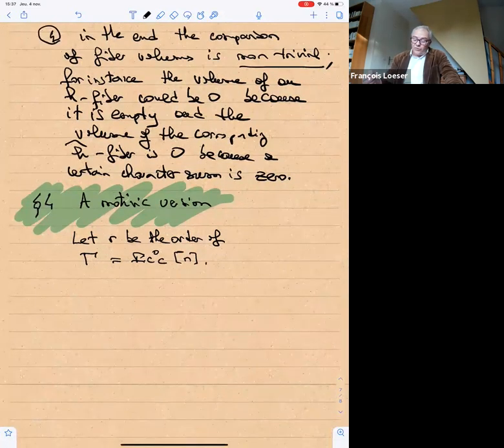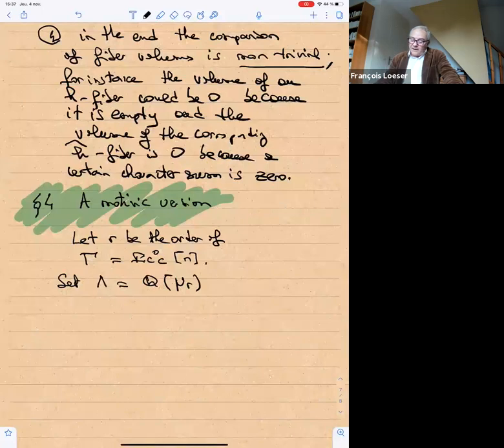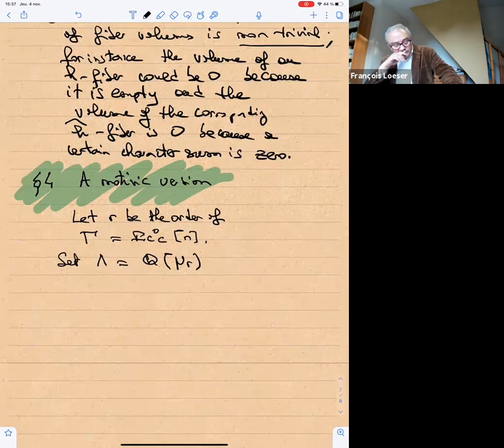So I need to allow for R-th roots of unity. So I denote by capital lambda the field generated by such roots.